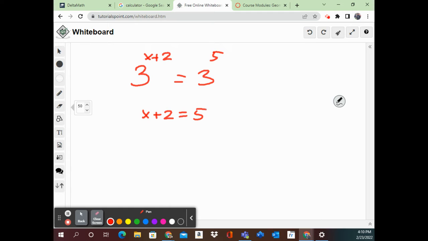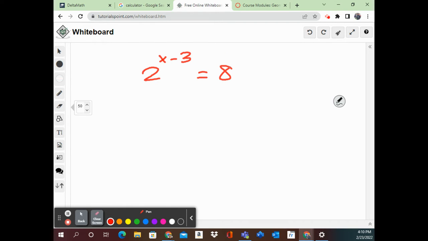How do I solve for x? I'm going to subtract 2 from both sides, not 5, and that will give me x is equal to 3.